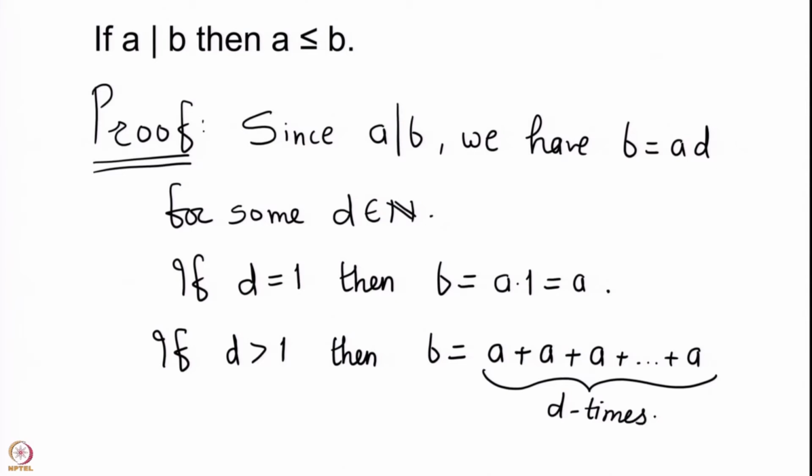We have that B is A into D. So, B is A plus A plus A, D times.